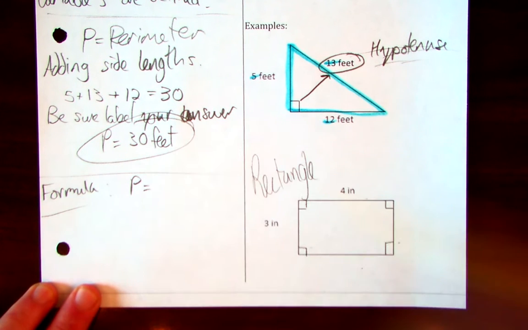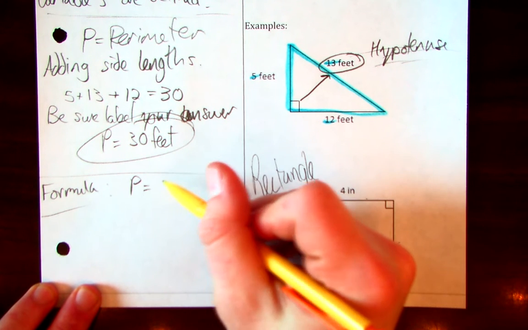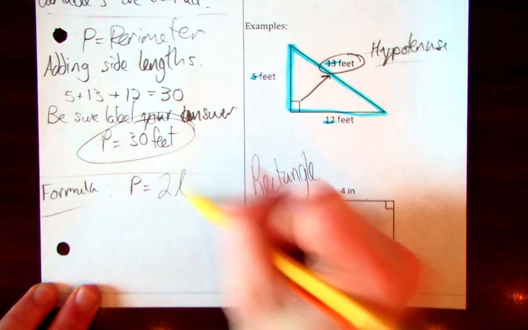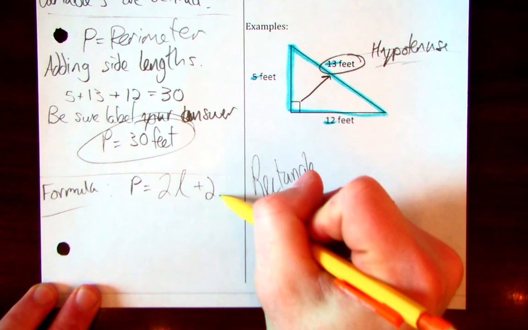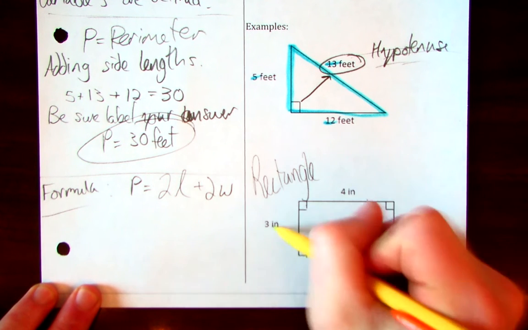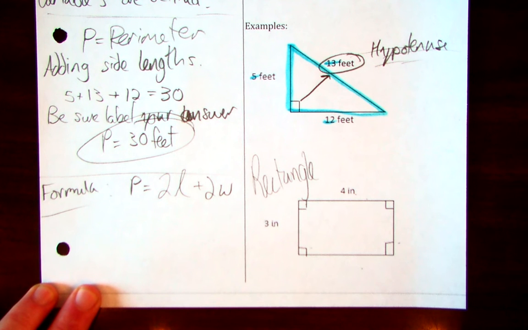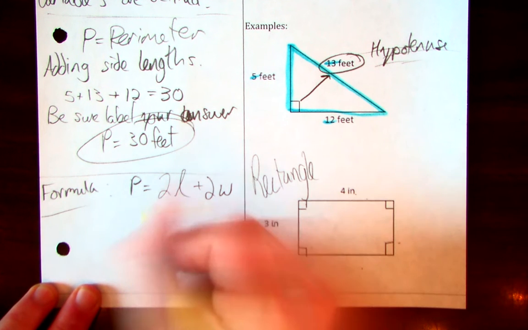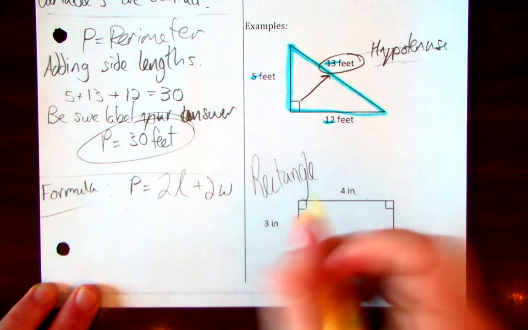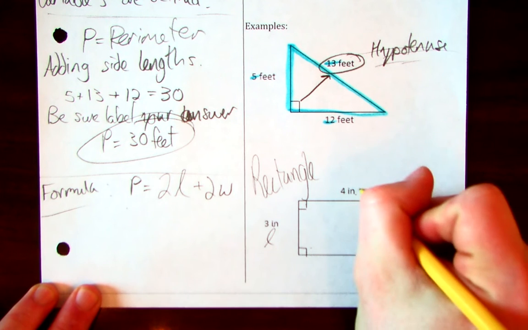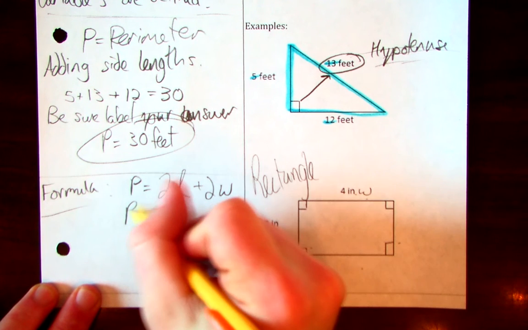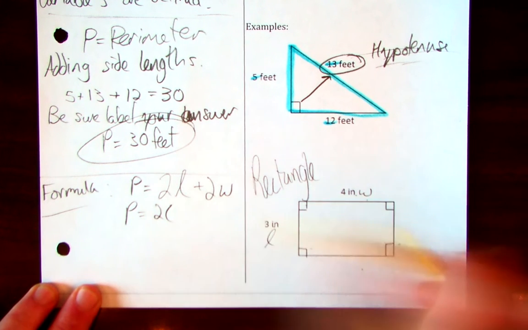Again, this is going to be perimeter is equal to 2 times the length plus 2 times the width. Again, you can decide what those are, plug in your values, and so we can say if this is L and this is W, we can say that perimeter is equal to 2 times, well, what's L?